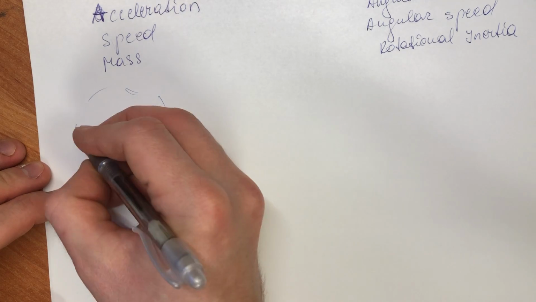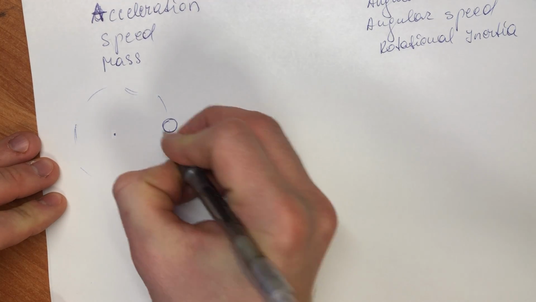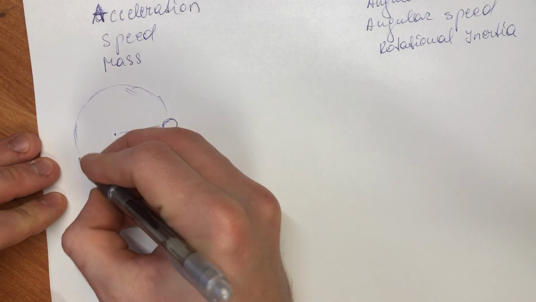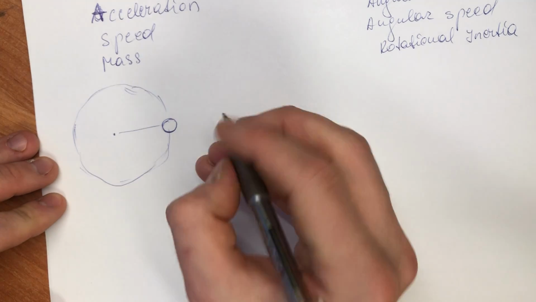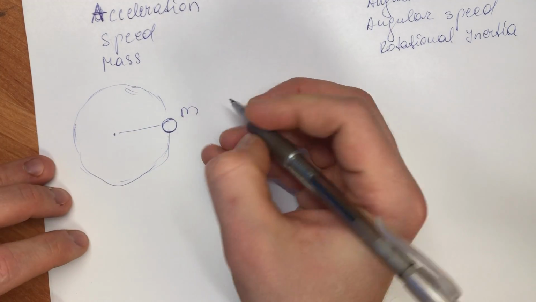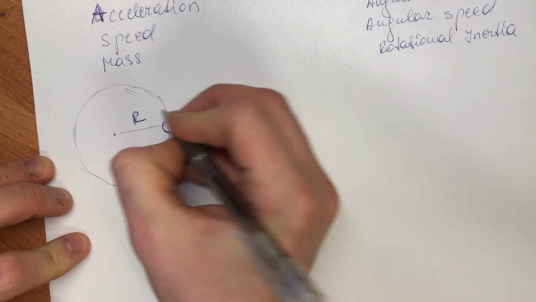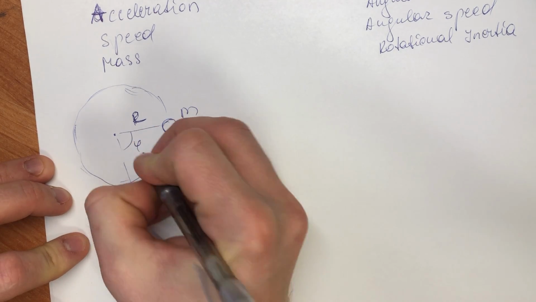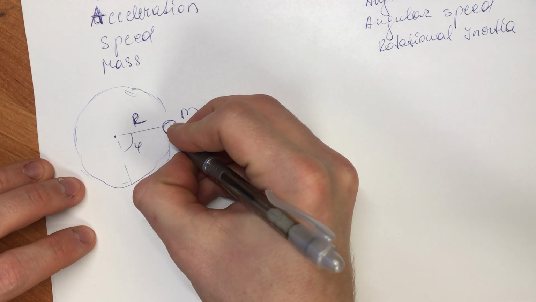Let's say it's a circle, and there is an object moving in a circle, which has mass m, and here is the radius of that circle r, here is the angle phi.